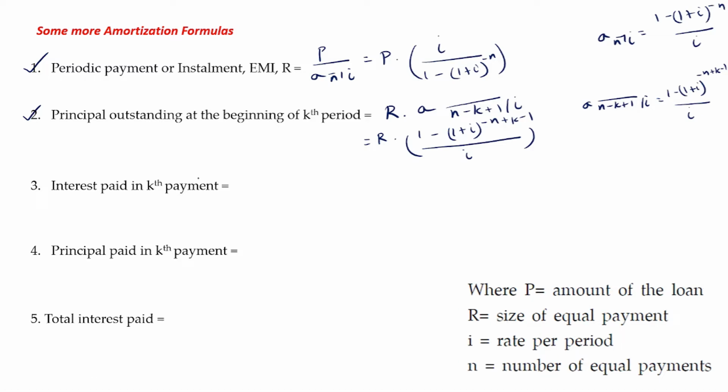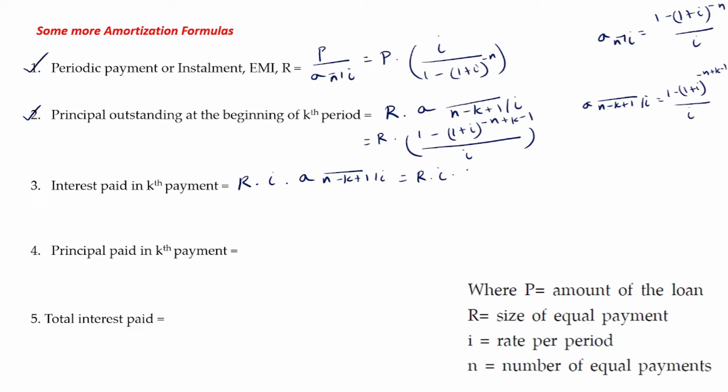Next we have the interest paid in the kth payment. It is given by R into I into A angle N minus K plus 1 at I rate per period. Here in place of N we are substituting this value, so we are getting this formula.